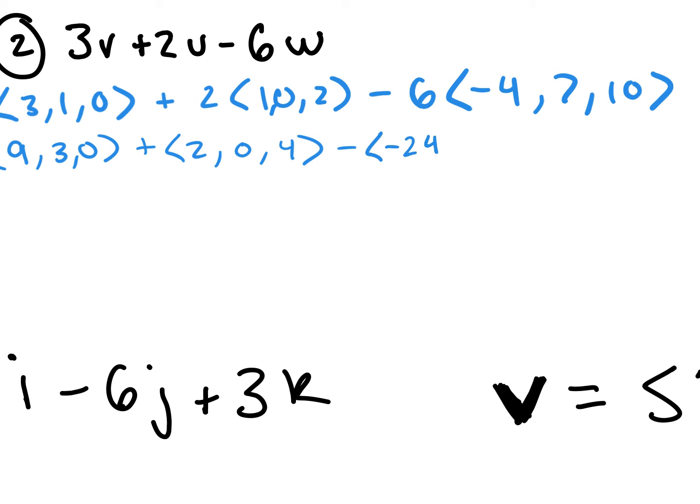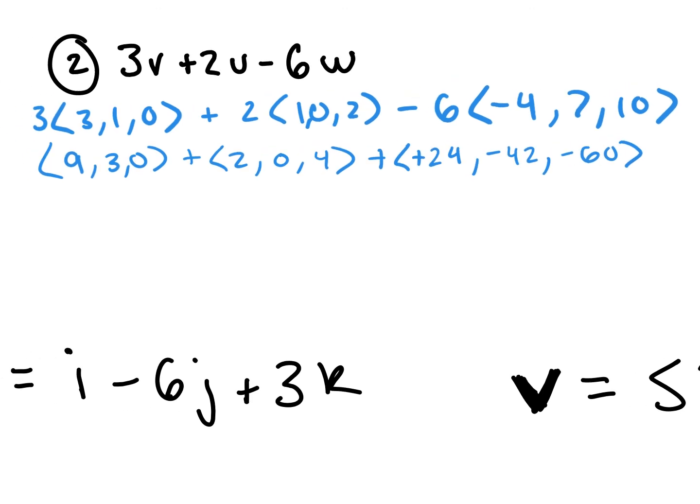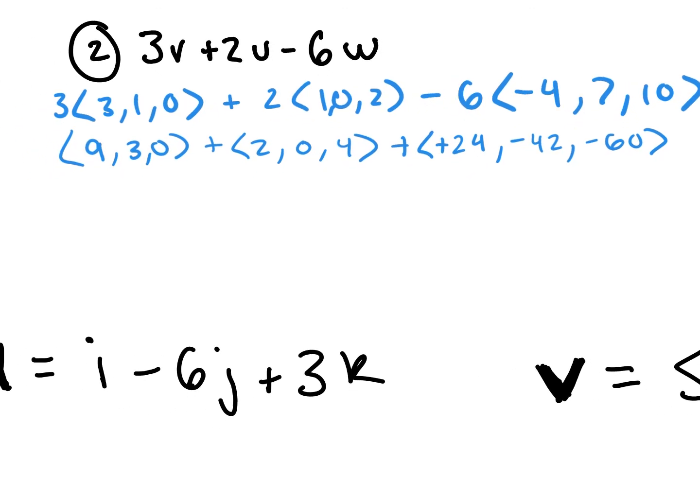So we could either distribute the negative 6 and make it a plus, or distribute just 6 and keep it minus. It doesn't matter. We could do it either way. If I distributed negative 6, this would be positive 24. Negative 6 times 7 is negative 42. And negative 6 times 10, negative 60. So we can add all 3 at once.